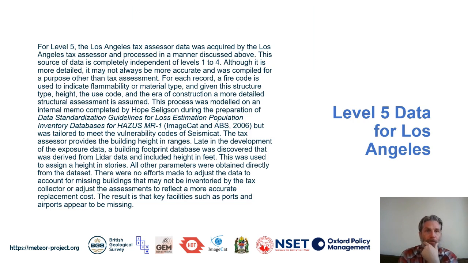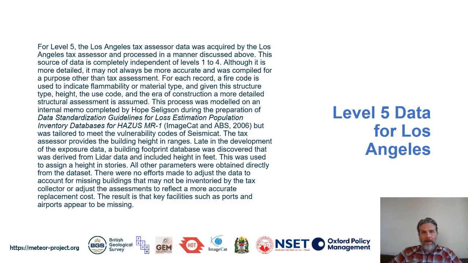Now, for level 5, we used some research that we had done maybe 14 years ago, mapping the structural classes, well, not structural classes, the year built, the occupancy, and the fire codes that are in the tax assessor data for Los Angeles into vulnerability classes that could be used for Seismicat, essentially, for our program.